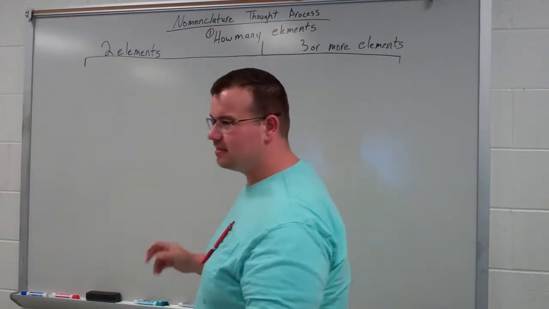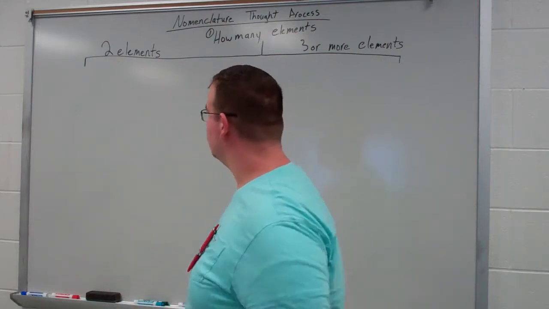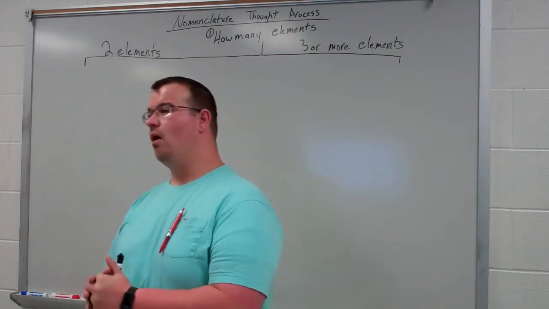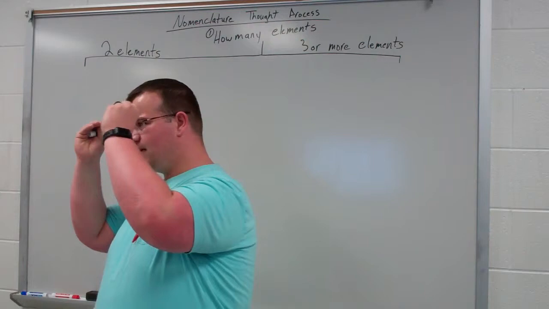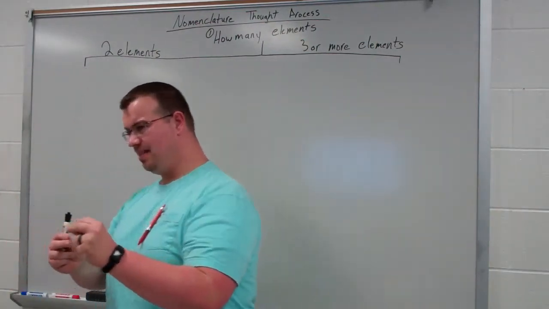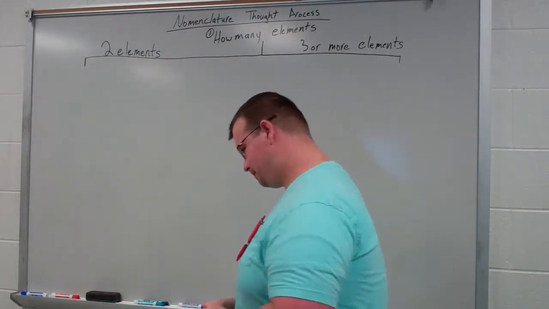So you could technically call this a flow diagram or flow chart, whatever you want to call it. The goal is for you to look at it, know what you're thinking, answer the questions, and be like, this is how I name it. This is literally how I do every one of these that I give you.